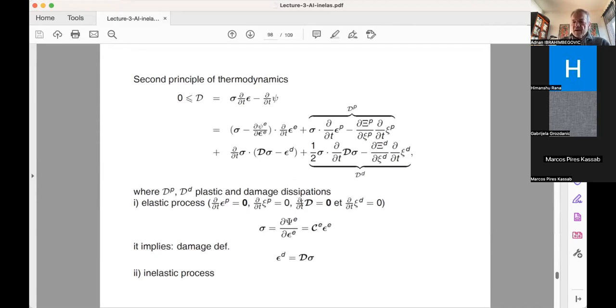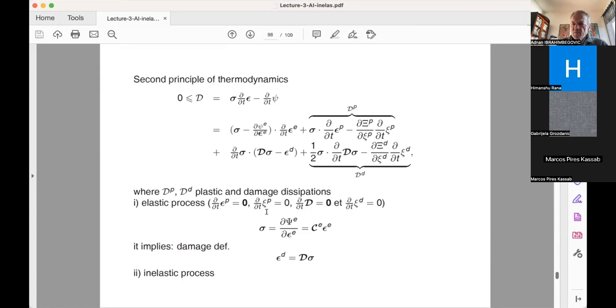That means either they have never started evolution or they had some evolution, we started unloading, so they keep the value that they had when they were plastifying or damaging. For this particular case, we know that dissipation has to be equal to 0. So we cancel these two parts of dissipation, dP and dd, because the rates of the internal variables are equal to 0.